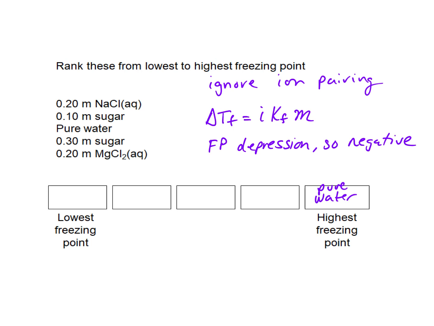Now, when you're looking at these other solutions, we know water is going to have the highest freezing point because everything else has a solute, and its freezing point is depressed, so it's lower. We've got sodium chloride, we've got sugar, we've got magnesium chloride. I mentioned sucrose a couple slides ago. Sucrose, sugar, same thing, non-electrolytes, right? So for the sugar solution, i equals 1.